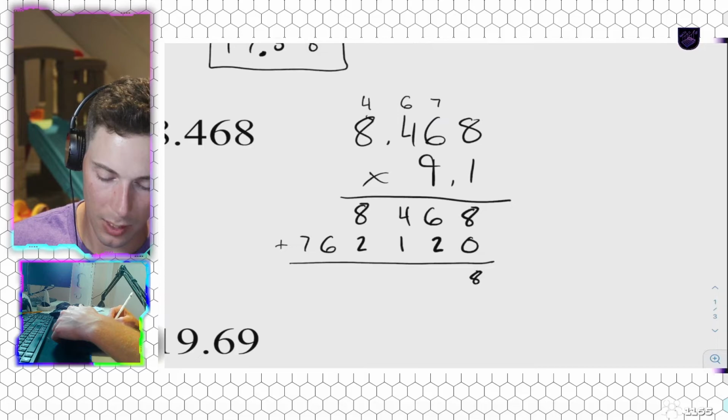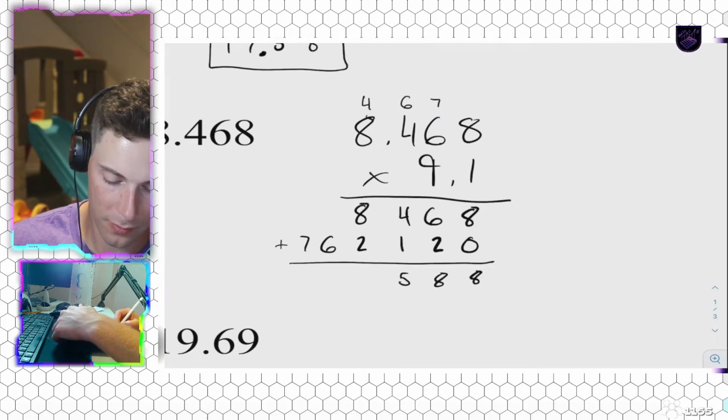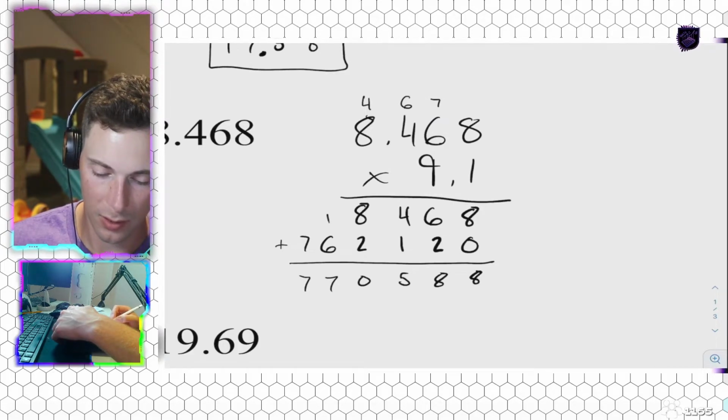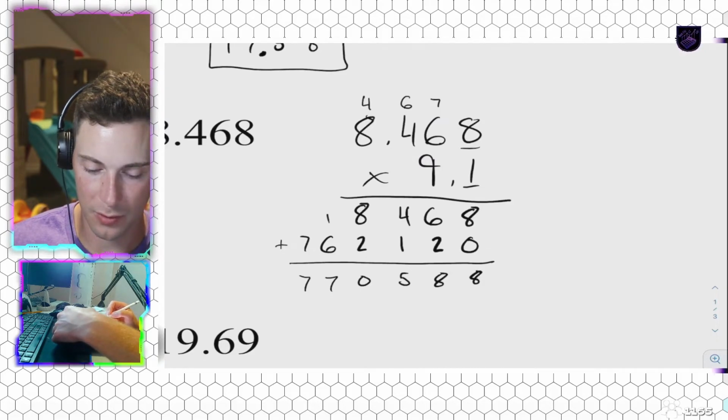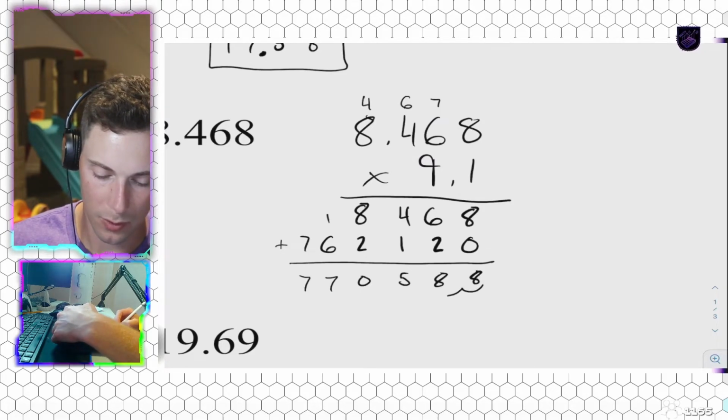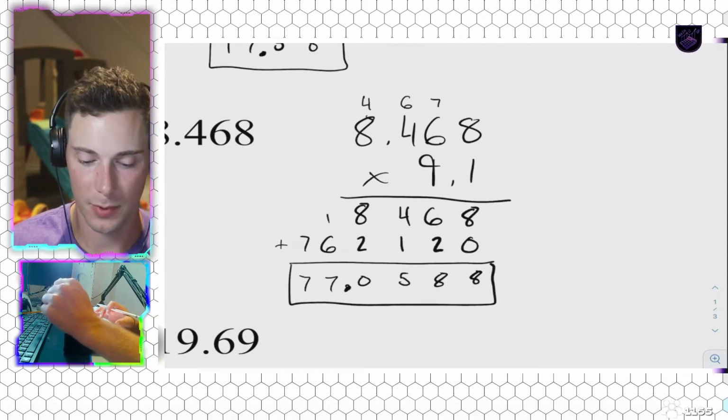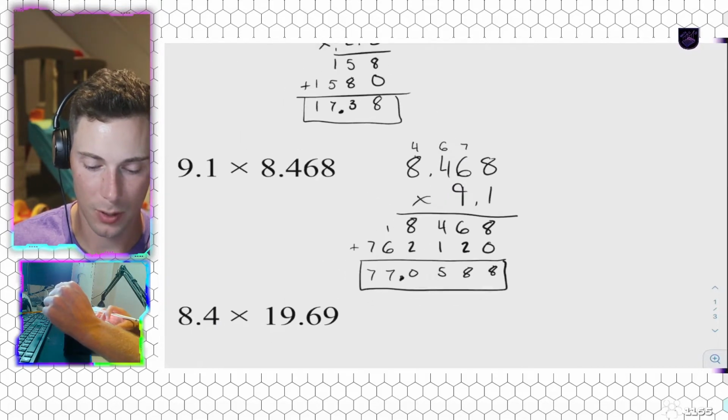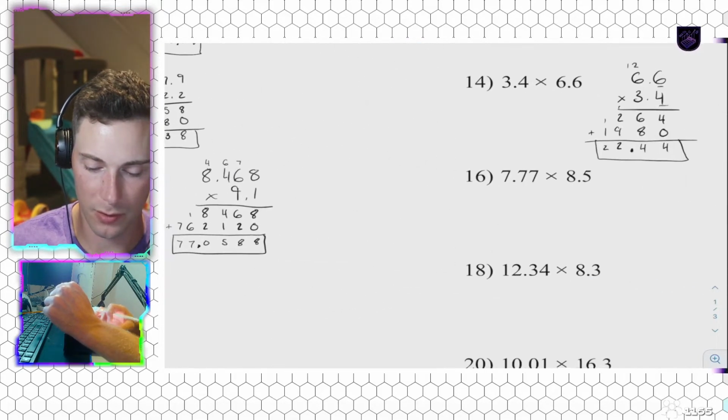We're going to get 8, 8, 5, 0, carry the 1, 7, 7. And there's going to be 1, 2, 3, 4 decimal points. Right here. Boom. Beautiful.